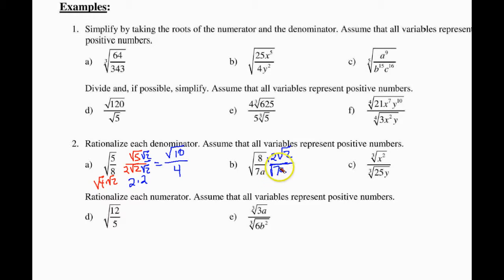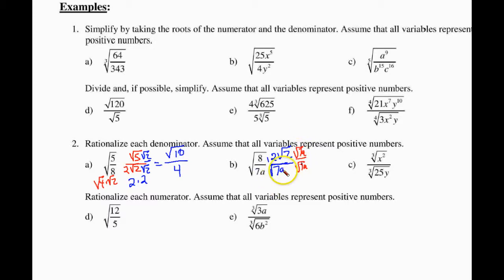So what do I have to multiply this by to make it rational, to rationalize it? And I'll put it in red. And again, it's a 1 in the form of the square root of 7a over the square root of 7a. There's my 1.